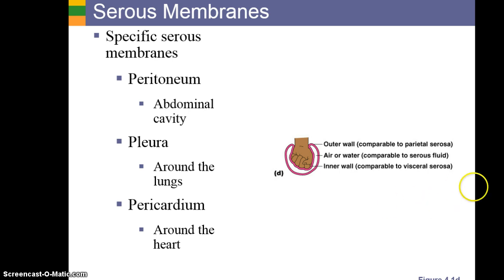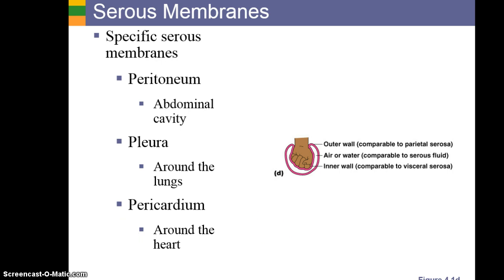So you can see your fist and the make-believe plastic container around your fist that might exist once you apply pressure to it. You'll have an outer wall, you'll have some type of inner area with fluid or air in it to absorb the impact, and you'll have an inner wall. And all 3 of these components deal specifically with areas lined by serous membranes.